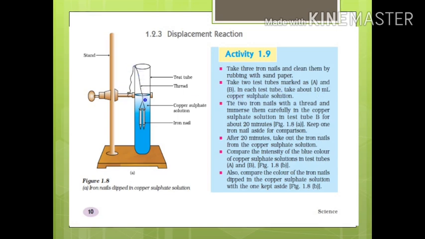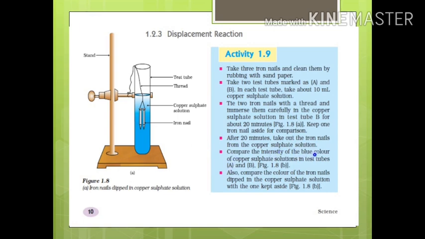So, in this test tube, we have taken the copper sulfate solution. Tie 2 iron nails with a thread and immerse them carefully in the copper sulfate solution in test tube B for 20 minutes. Keep 1 iron nail aside for comparison. After 20 minutes, take out the iron nails from the copper sulfate solution.